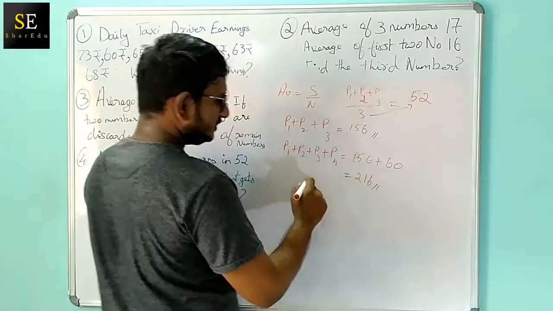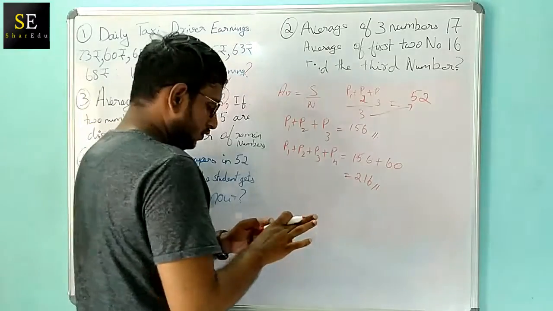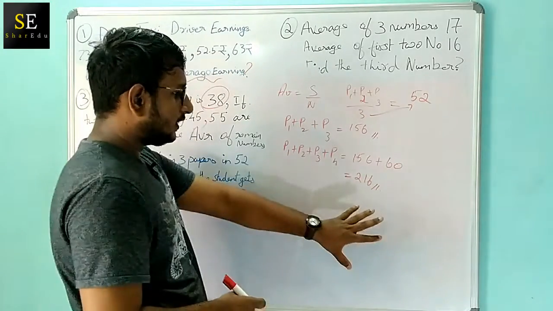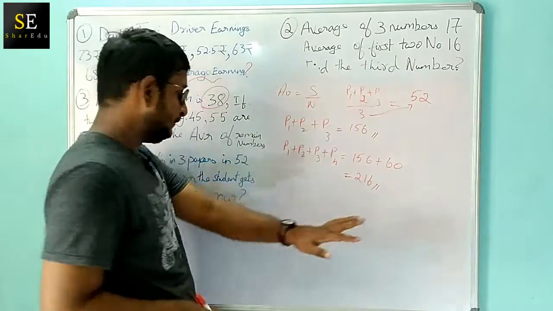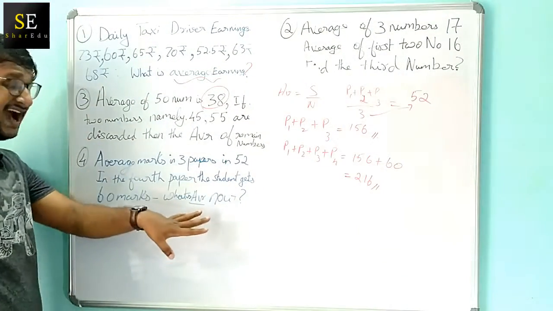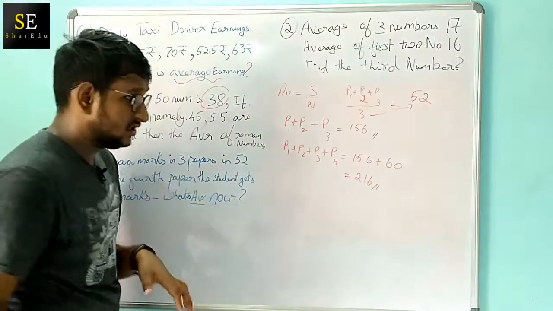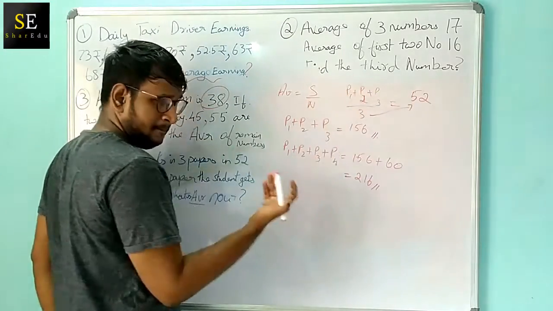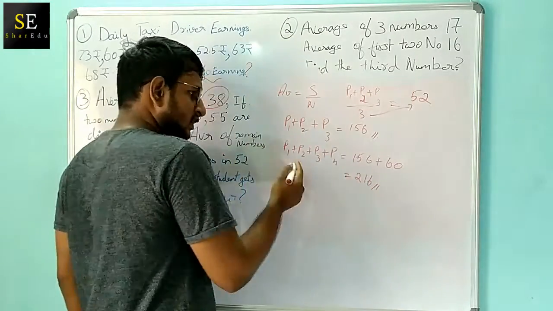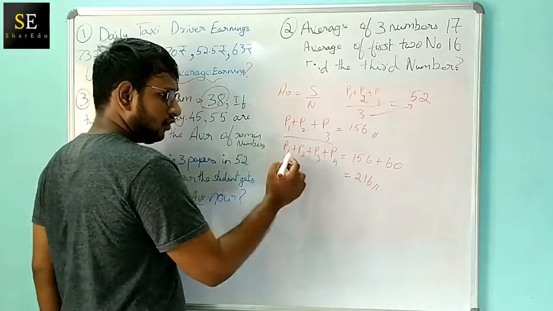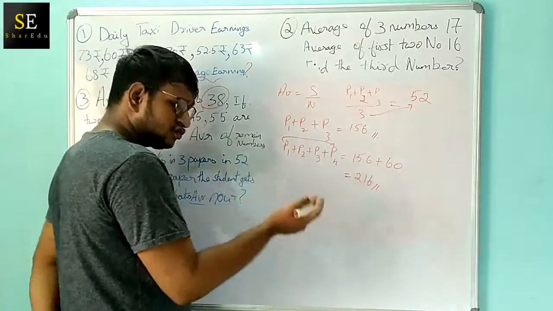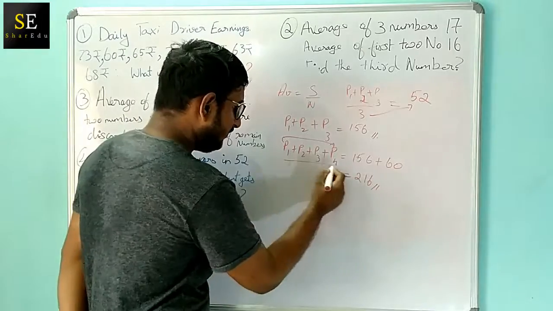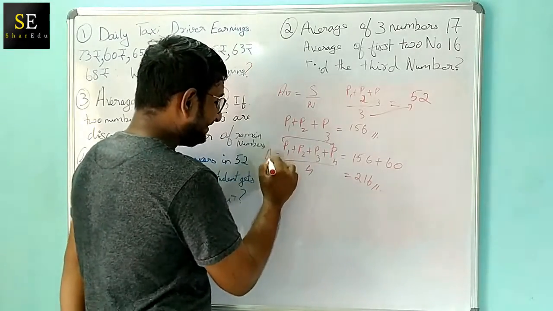So the total sum of marks after the fourth paper is 216. Now they are asking what the new average is. What is the average formula? Sum divided by n, where n is the number of elements in the set. Here the number of elements is 4, so we have to divide by 4 to get the average.